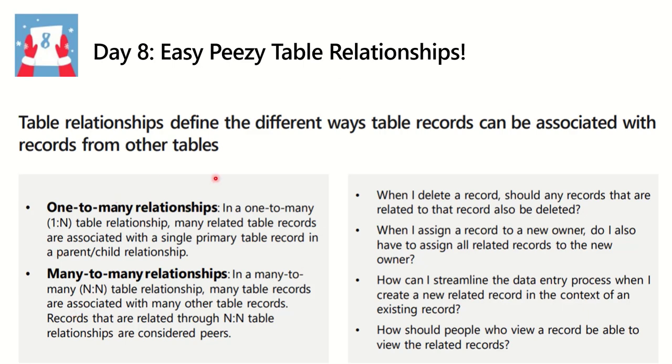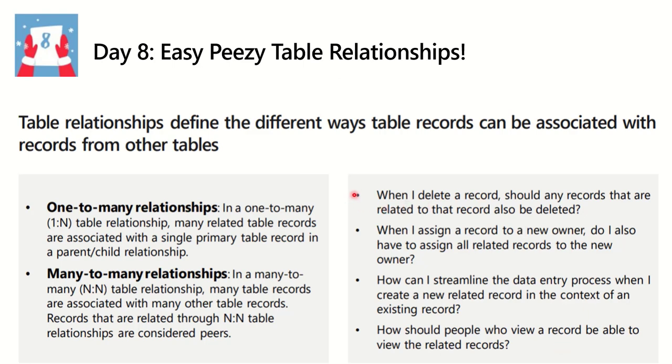Now, no matter what type of relationship you're creating, you need to think about some important things. And that's what's over here, right? Since there is a relationship with these tables, how should the relationship respond when a change is made?